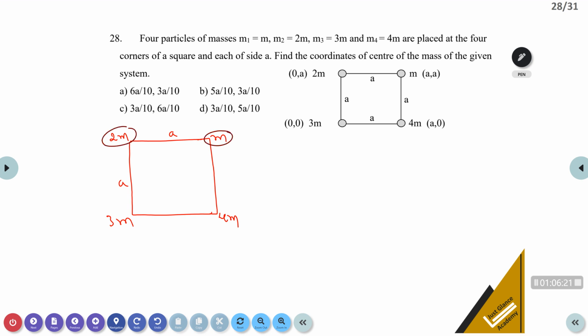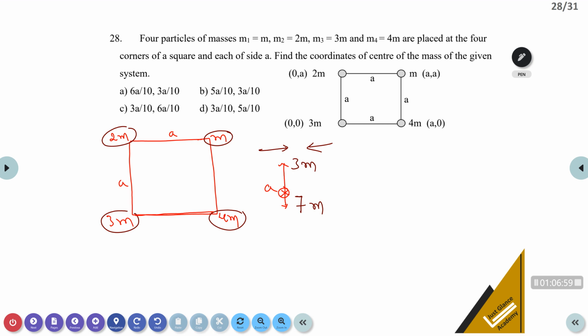These two masses, you join them like this, it becomes 3 kilogram or 3M. Similarly, this one also you join, this becomes 7M, and the distance between them is A. Student, you see the heaviest mass 7 is here, so the center of mass will lie very close to 7 kilogram.